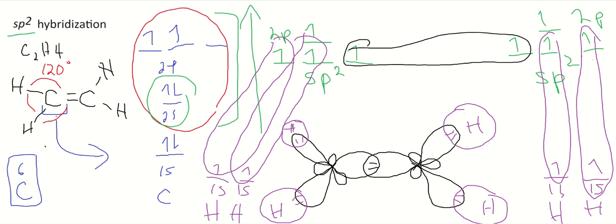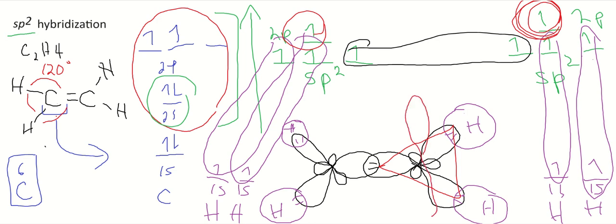Right, so the last one is going to be this p orbital overlapping sideways. So see if you can visualize this. So this is all on one plane. Okay, so those 3 are all on one plane. But that p orbital is perpendicular to that plane.